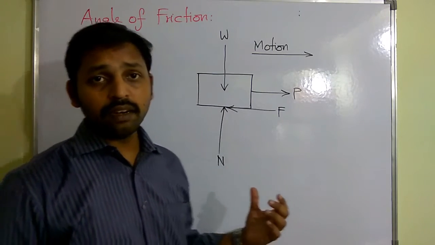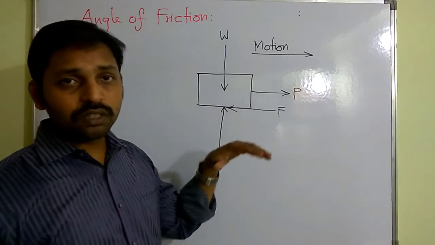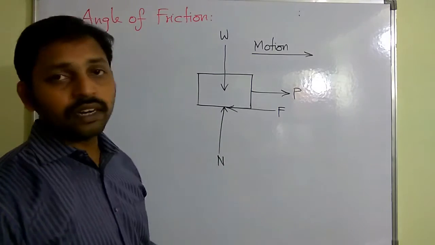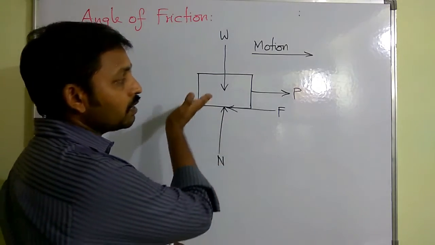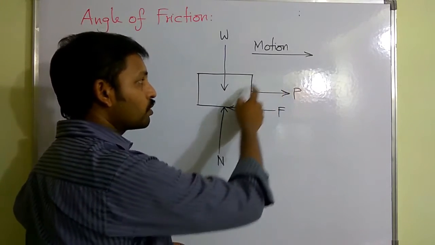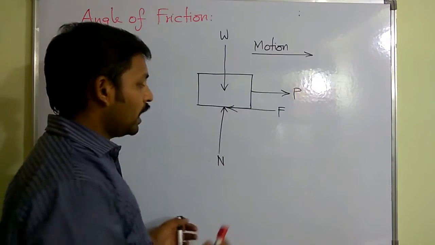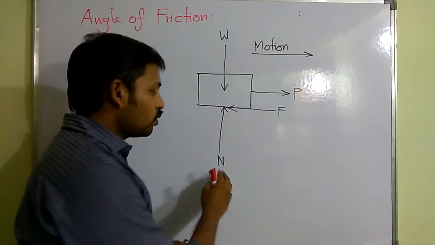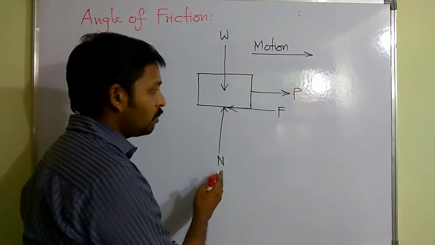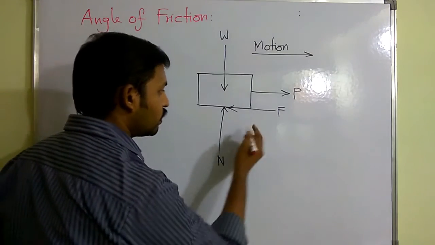So for explaining angle of friction, I have considered the same example: a wooden block which is on a horizontal surface. I have drawn the free body diagram for that. P is the applied force, F is the frictional force which is opposite to the direction of motion, W is the weight of the block, and N is the normal reaction. I can replace these two forces, normal reaction and frictional force, by means of a single force which is the resultant of these two.